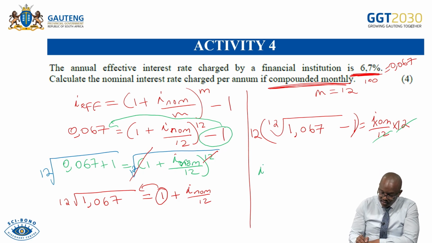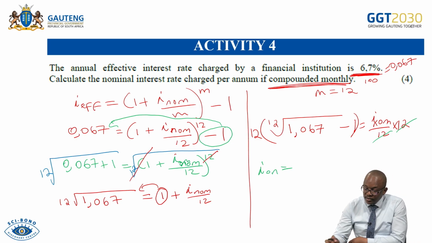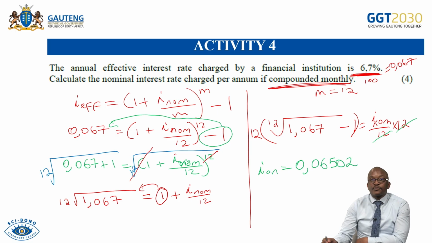So now your I norm, as we are going to punch into a calculator, you are going to have 12, and then we also have the 12th root of 1,067, minus 1. So now you will have 0,06502, correct?